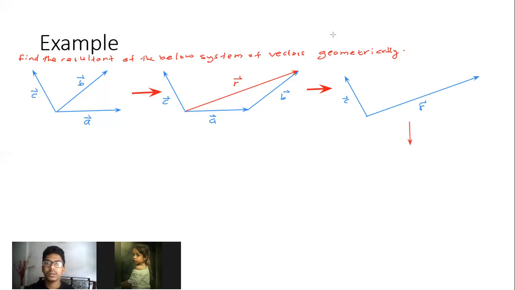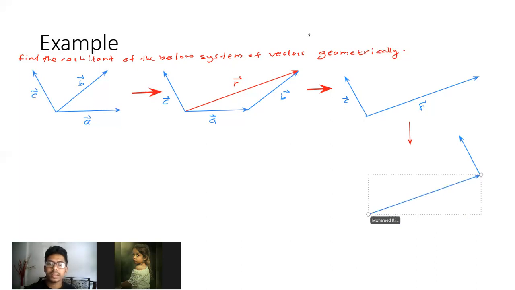So I take the first R vector, take it down here, and then the vector C, which is this, from here. Let us see, these two are equal.